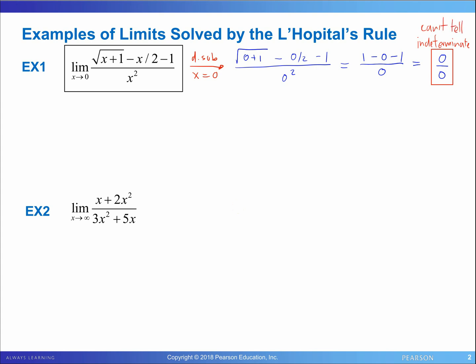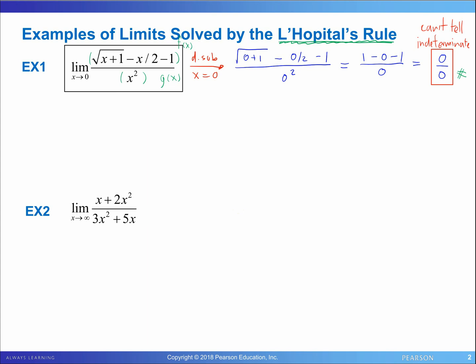However, at this point, we know that when it comes to this form, 0 divided by 0, we can apply L'Hopital's rule. So let's do that. Before we begin, let's assign the numerator to be f of x, the first function. And down here, x squared to be g of x, the second function.